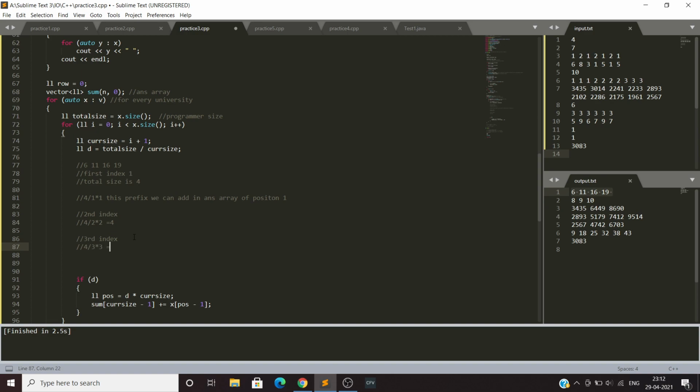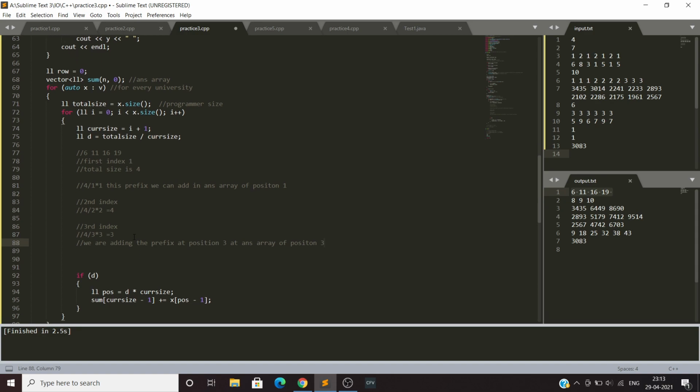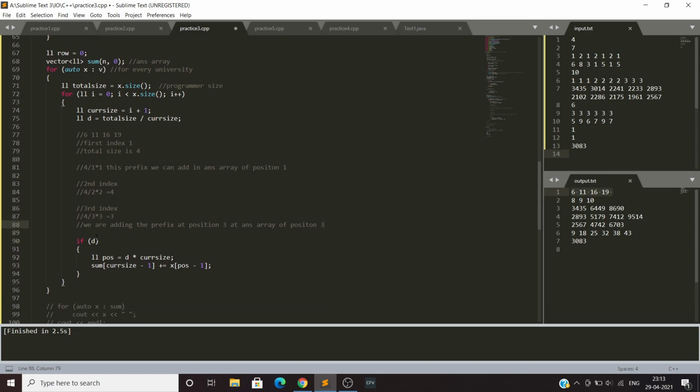So the maximum position we can reach is 3, and we are adding the prefix at answer position 3. So this is the basic implementation problem that we are seeing here.